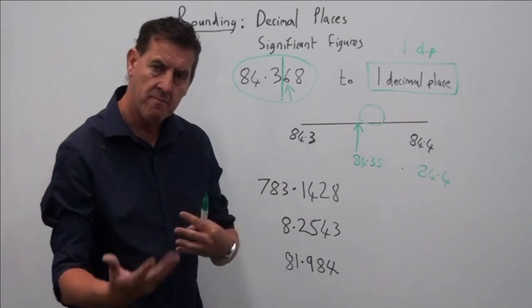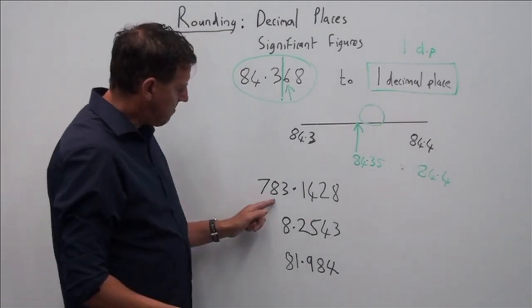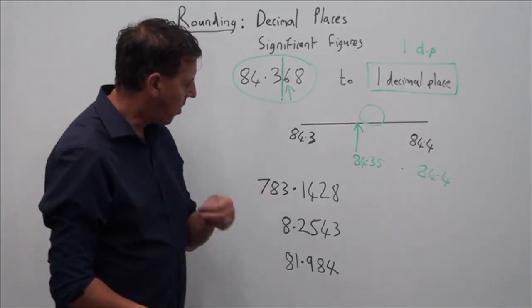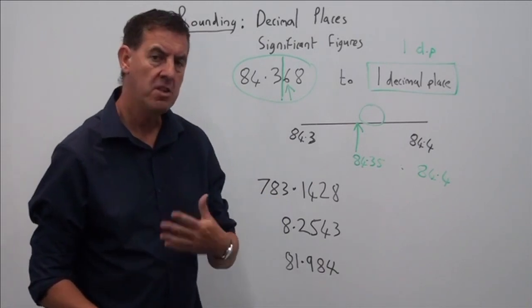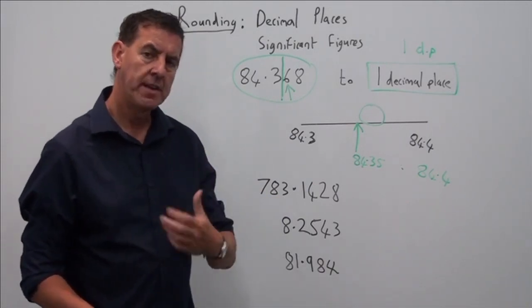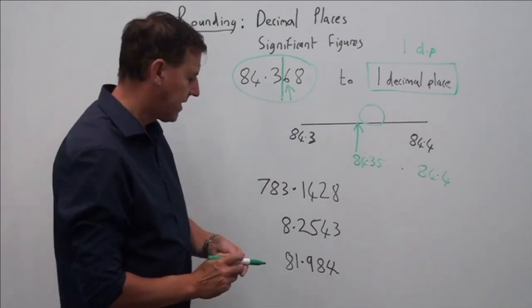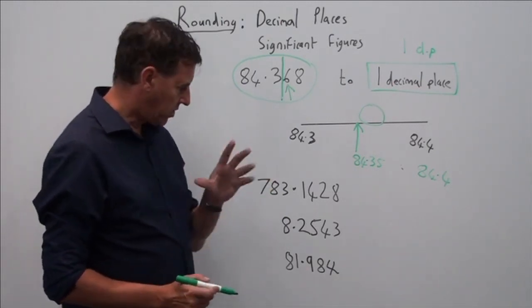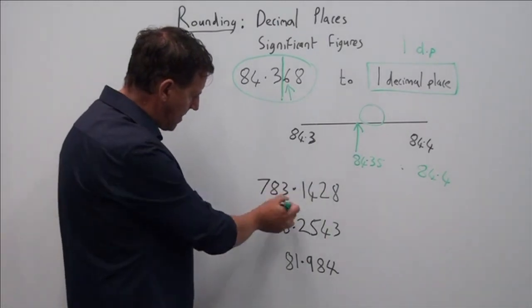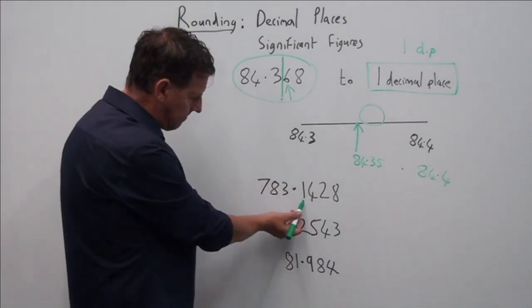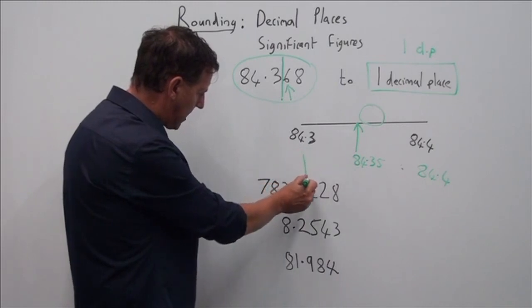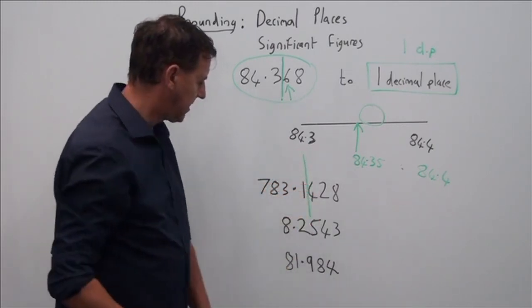Let's look at these 3 numbers. Let's do some rounding. Let's start with this number here, 783.1428. At the moment, it's to 4 decimal places. I'm going to round it to 1 decimal place. So what do I do? I find where my first decimal place is. There it is. I put an imaginary line in there so I can see it.